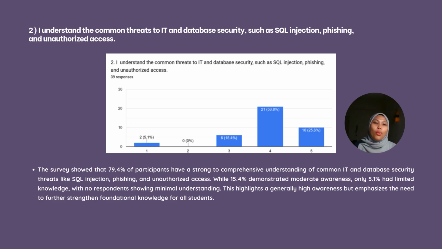Notably, no participant rated their understanding as 2, which implies that everyone had at least a basic level of awareness of these threats. The results underscore the importance of continuing to strengthen knowledge in IT and database security, to make sure that all participants are equipped to address evolving security challenges effectively.